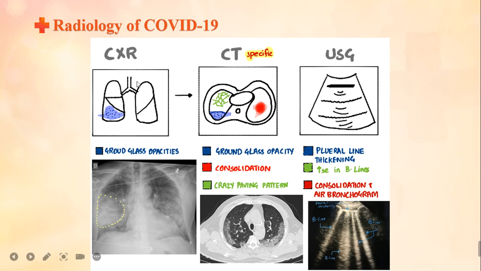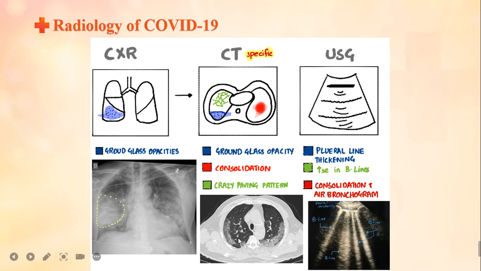So in the X-ray you can find the ground glass opacity, and ground glass opacity is an area having increased attenuation in the lungs. In CT also you can see the ground glass opacity, and here you can see what can be called crazy paving.